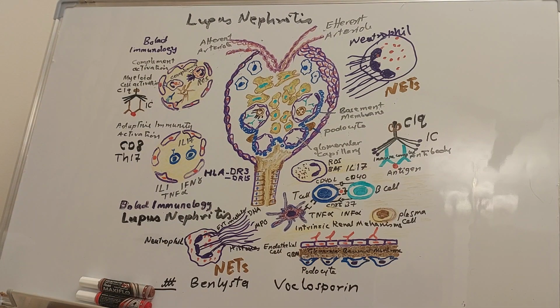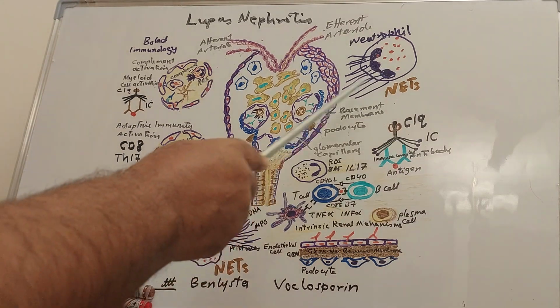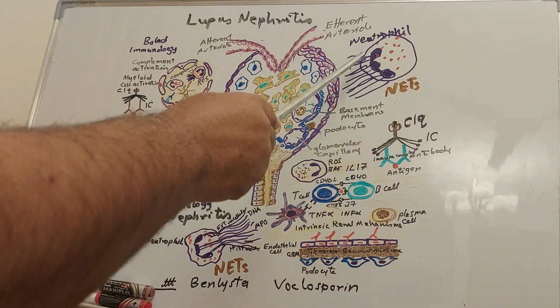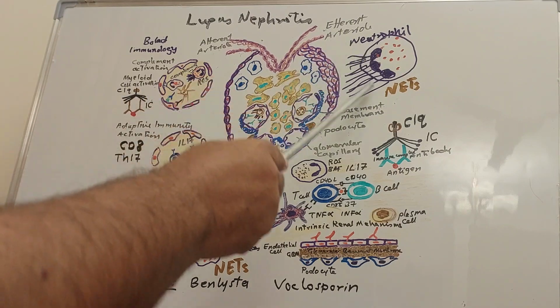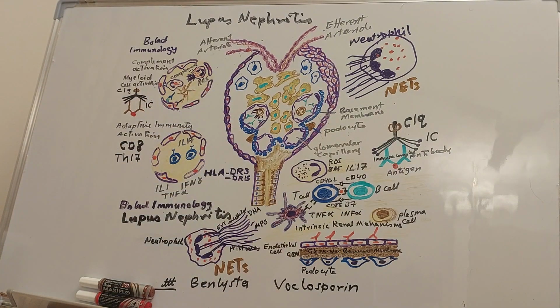But in the case of lupus nephritis, the situation may get worse with this phenomenon, netosis, or formation of these nets or neutrophil extracellular traps, which may play an important role in the pathogenesis of SLE and may deteriorate the situation.